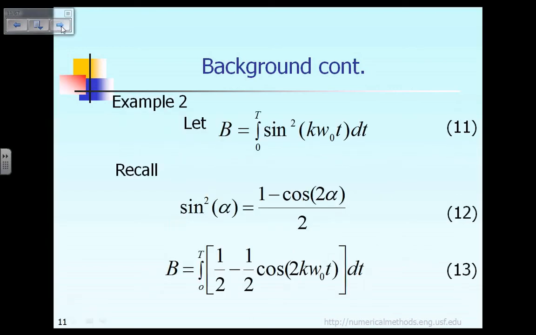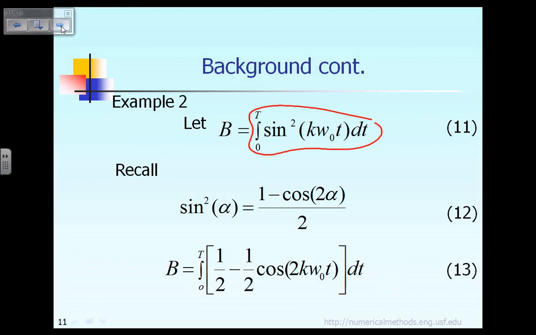Let's take a look at example 2. In example 2, we would like to evaluate the integral from 0 to the period capital T of the function sine square k omega naught t. Let's call that integral B. It may not be easy to integrate the function sine square.